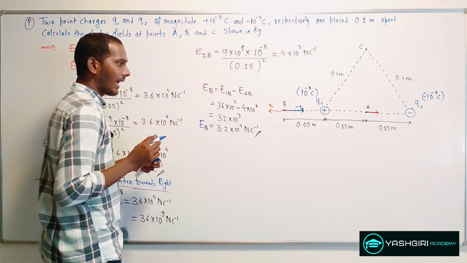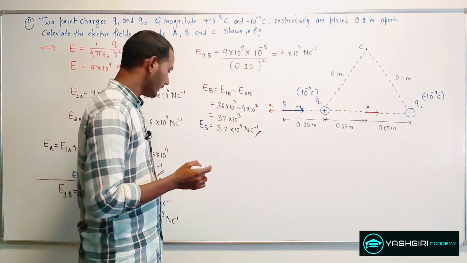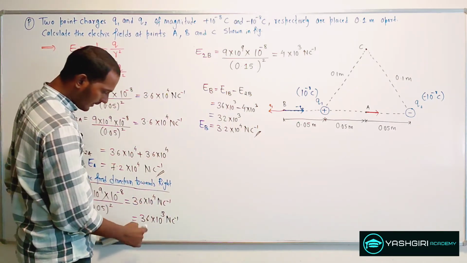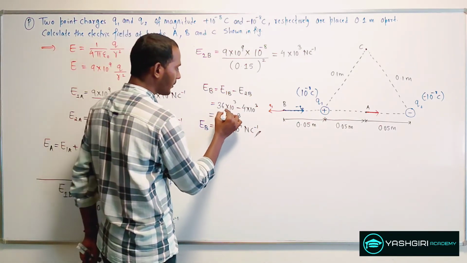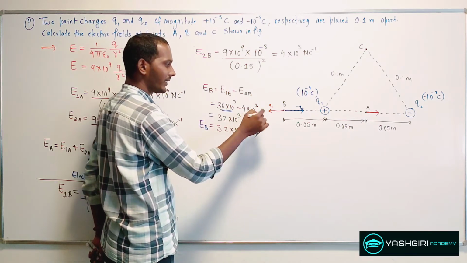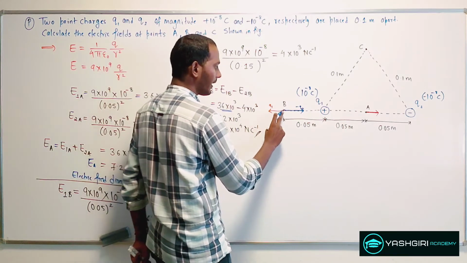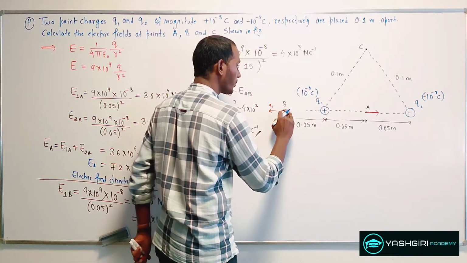And the direction will be the direction due to the charge Q1, because if you see, the magnitude of this is 36 into 10 to the power 3, and this is 4 into 10 to the power 3. So this is the maximum in magnitude. So the direction at this point B will be the direction due to the charge Q1.